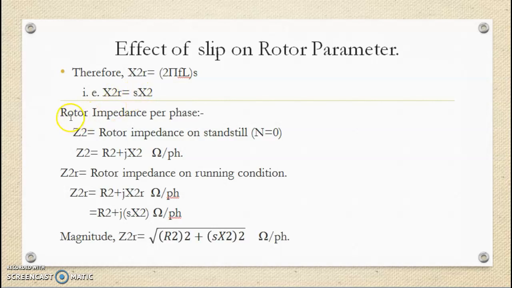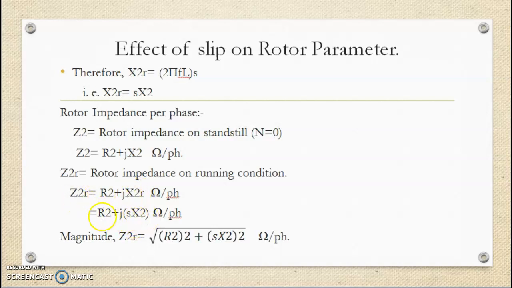Now R2 is the same in running condition and in standstill condition. So we have X2R and R2, so we can find out the impedance Z. Impedance Z2R, that is the impedance of a rotor on running condition, is equal to, we know the formula, R2 plus jX2R. But what is this jX2R? It is sX2.